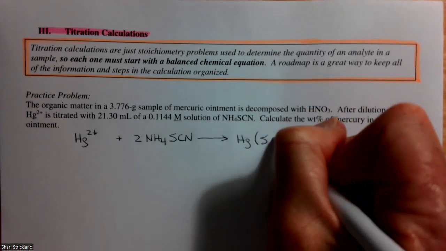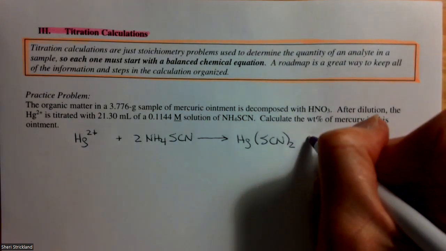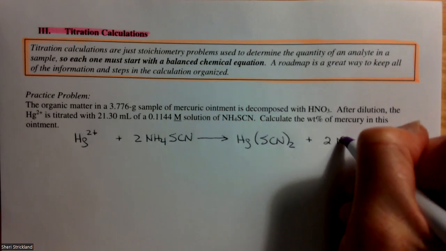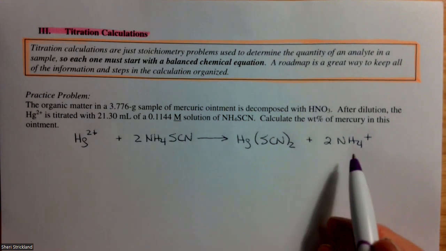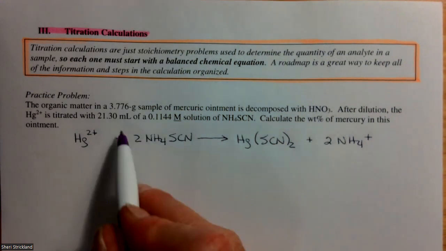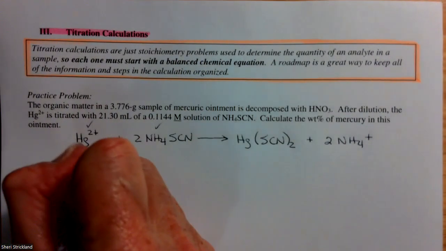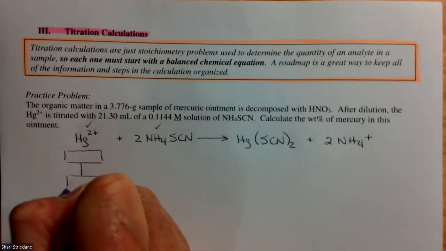Generally speaking, I will tell you what the balanced chemical equation is, unless it's an acid-base reaction. Like with other titration equations, the identity of the products really doesn't mean anything to us. What we're interested in is these two guys. So we need a mass box and a box under each one to get us going.